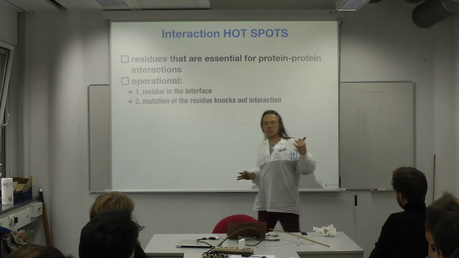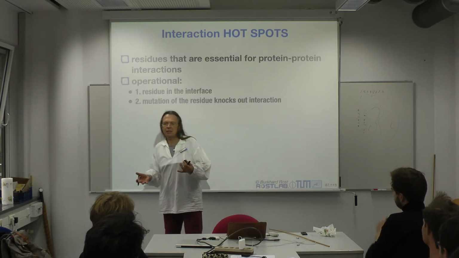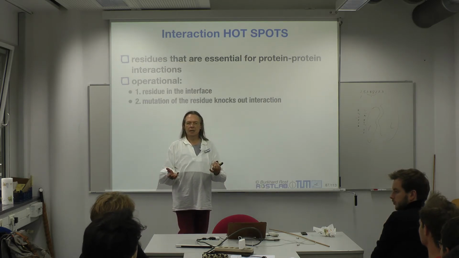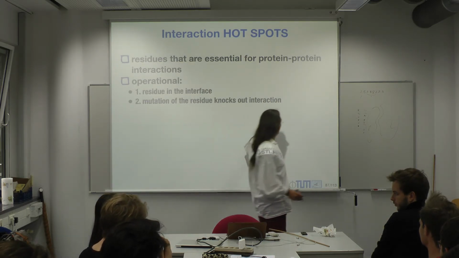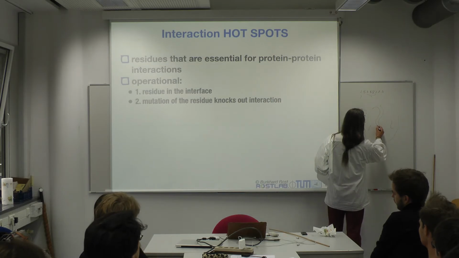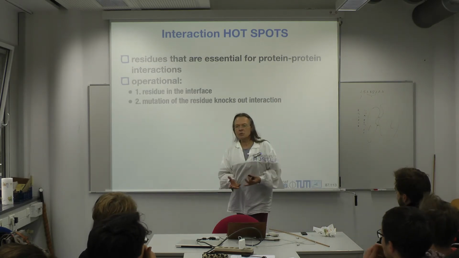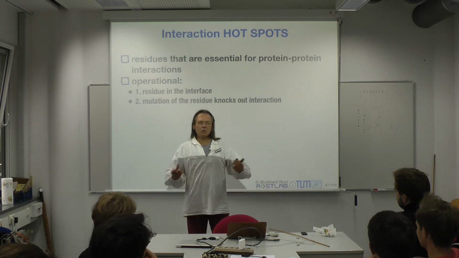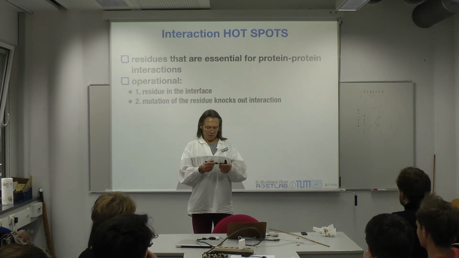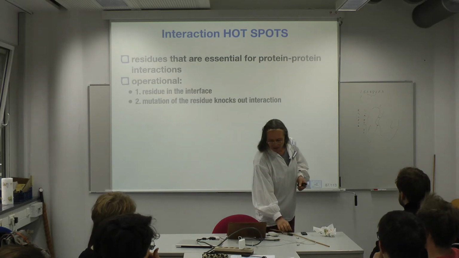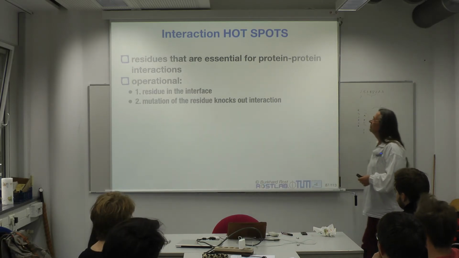So the interface that I show here involves typically 20, 30 residues. Okay? A hotspot is operationally defined as maybe there are some of these interactions, so 30 residues are involved, but maybe there are 2 or 3 that carry most of this binding affinity or the binding energy, the free entropy or entropy of binding.